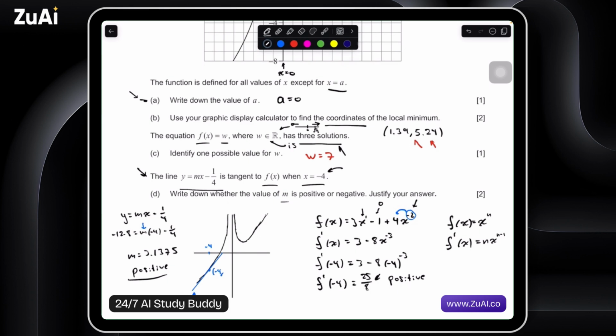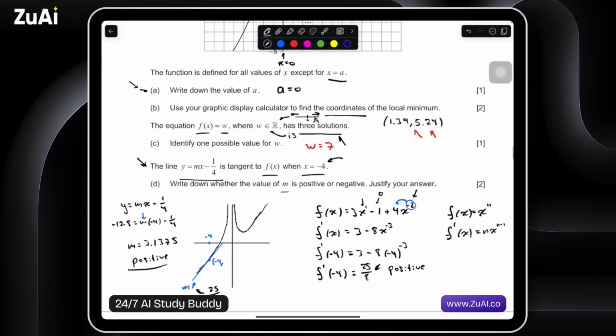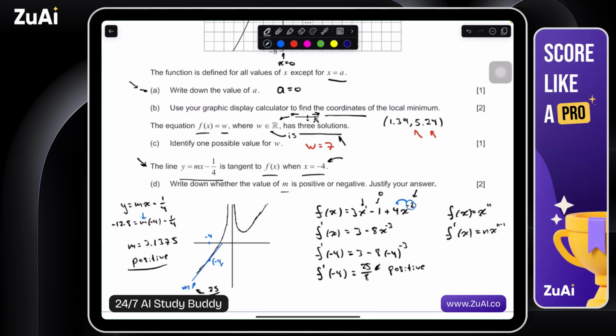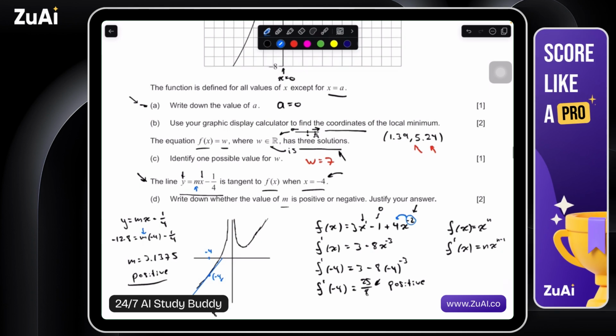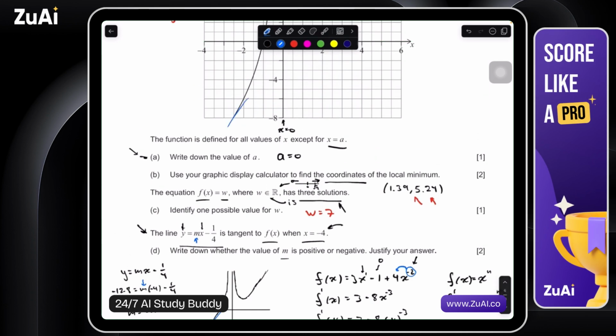This is an interesting question that would require either some calculus to find the gradient function or the slope of a line at a given point, or just knowing that we have an x and a y value, how can we solve for m, this missing value? If we have 2 out of the 3 unknowns, can we find it? It's interesting that they wouldn't accept a graphical solution, even though it's clearly positive, right at -4, for example.